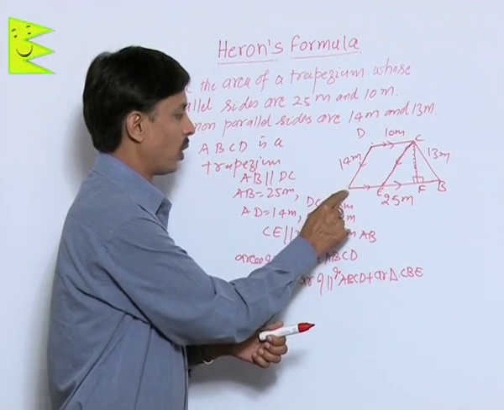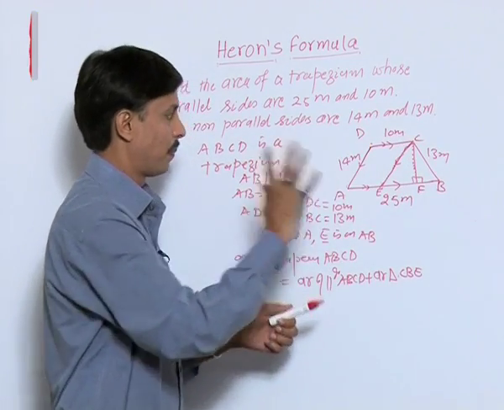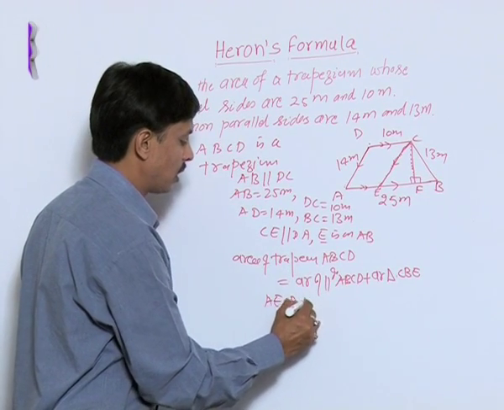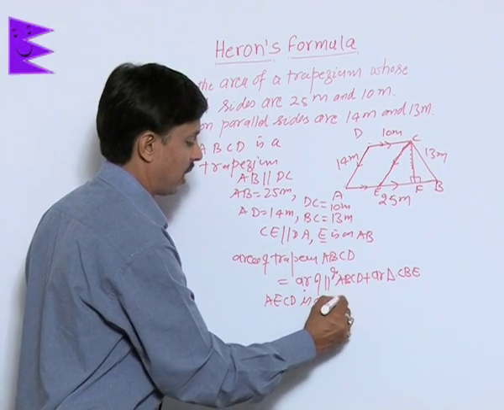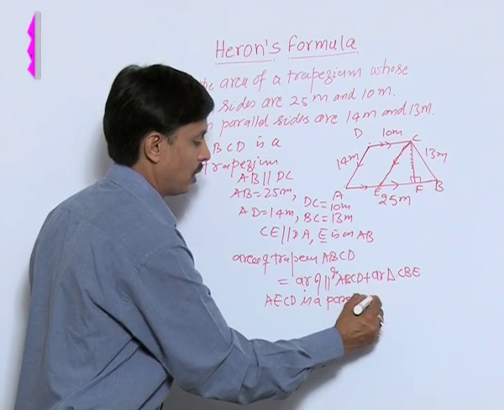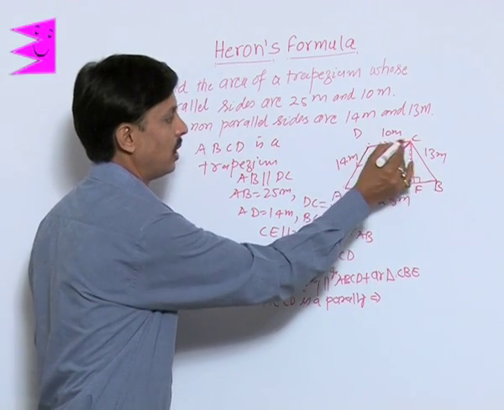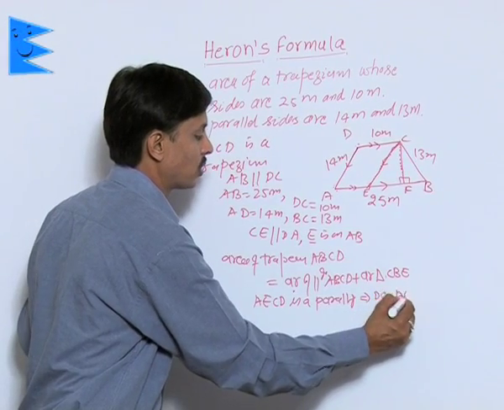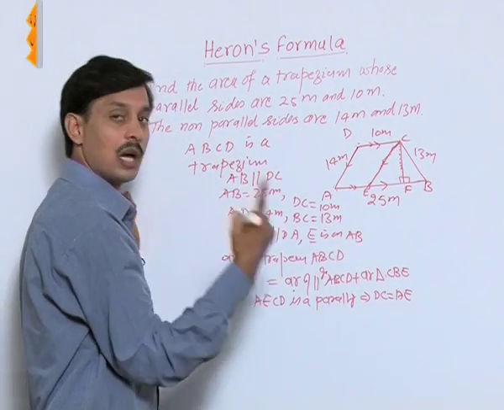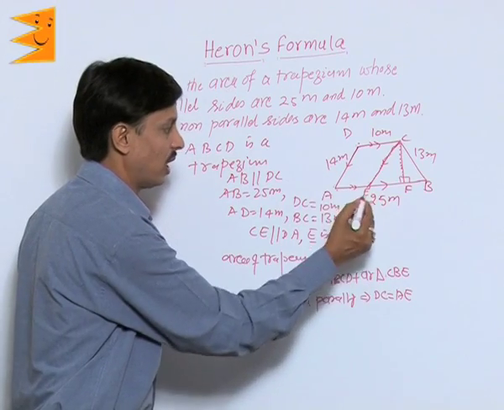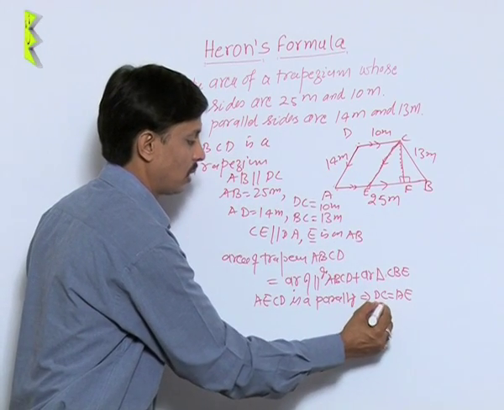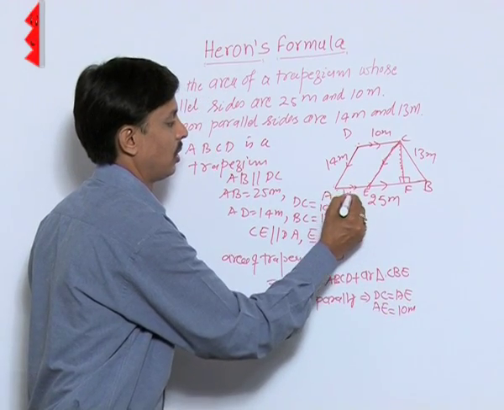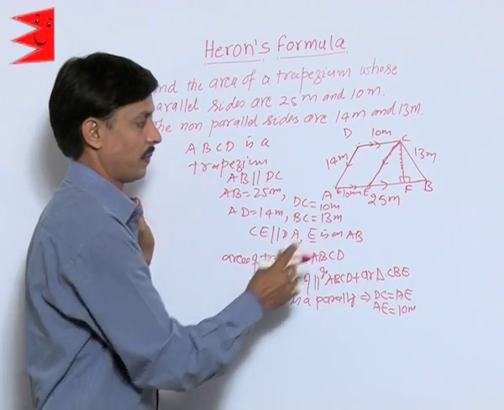Ultimately I have shown AECD is a parallelogram. This implies DC is equal to AE. The reason: opposite sides of a parallelogram are equal. So length AE is also 10 meter.